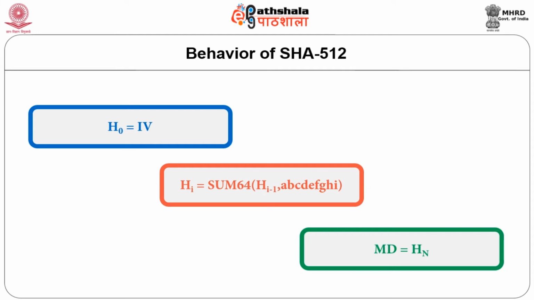That summation module will have 2 parameters as input: the hash value generated in the previous round and the constants buffer, which are the 8 buffers denoted by A, B, C, D, E, F, G, H, and finally we are going to have a hash value. Sometimes in cryptography that hash value is called the message digest as well. The message digest is denoted by MD, and MD equals HN, the output of the last round.